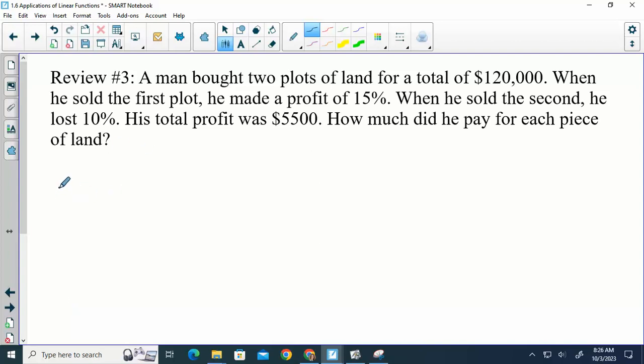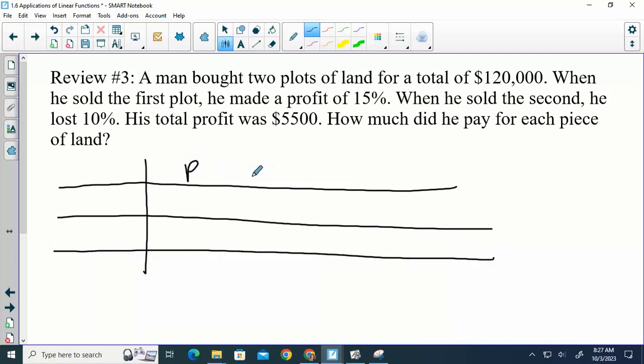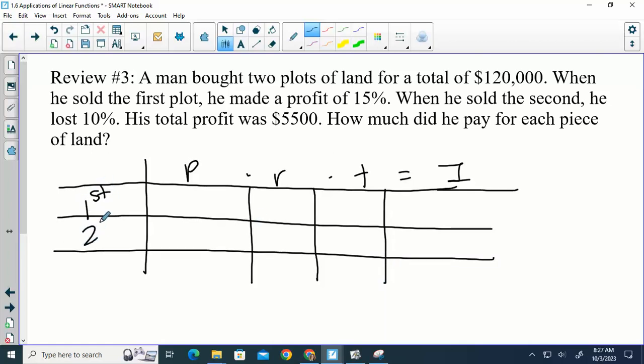This is similar to an interest problem, so we can really use that interest formula to help us out. So we have the first, second, and total here.